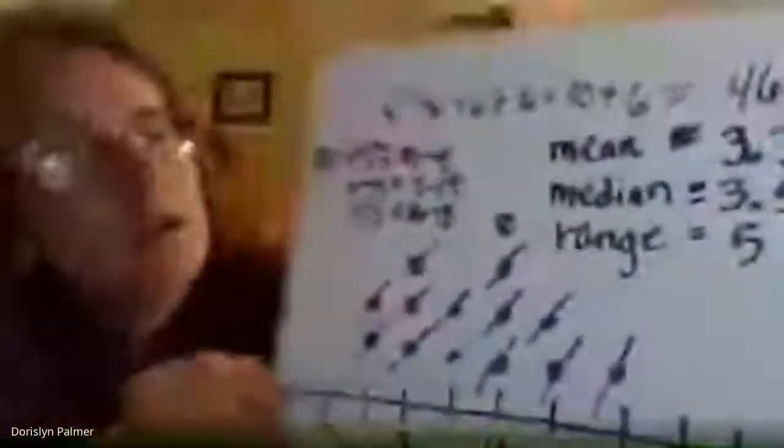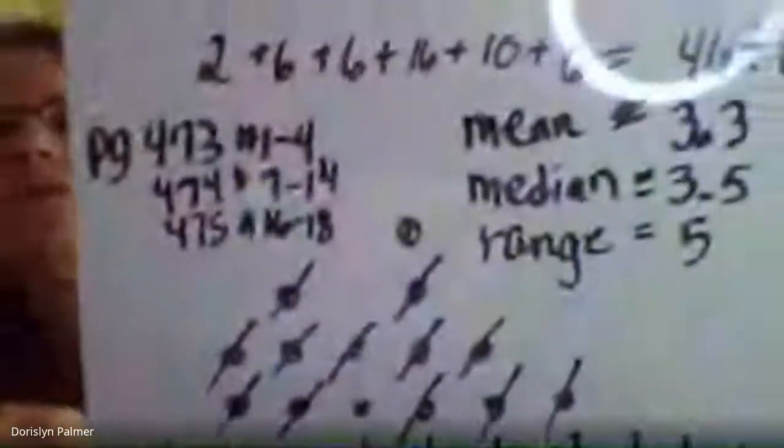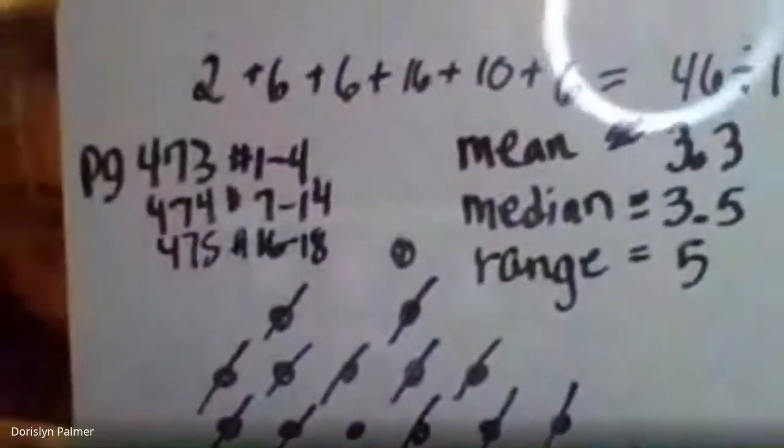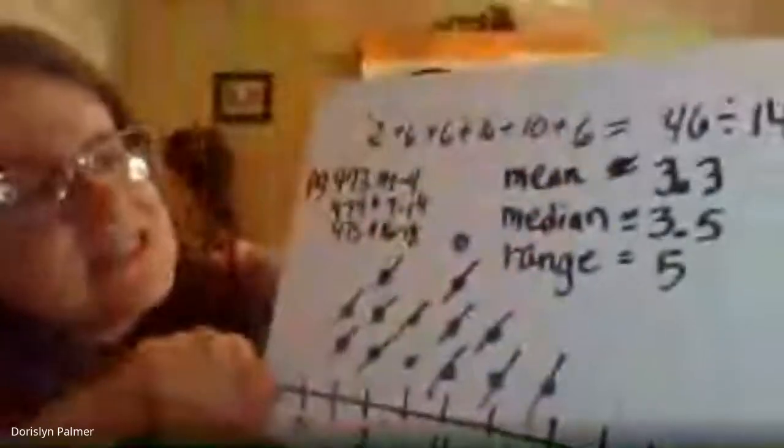And then on 475, these just span a lot of pages. Let's do 16 to 18. 473, 1 to 4. 474, 7 to 14. And 475, 16 to 18.